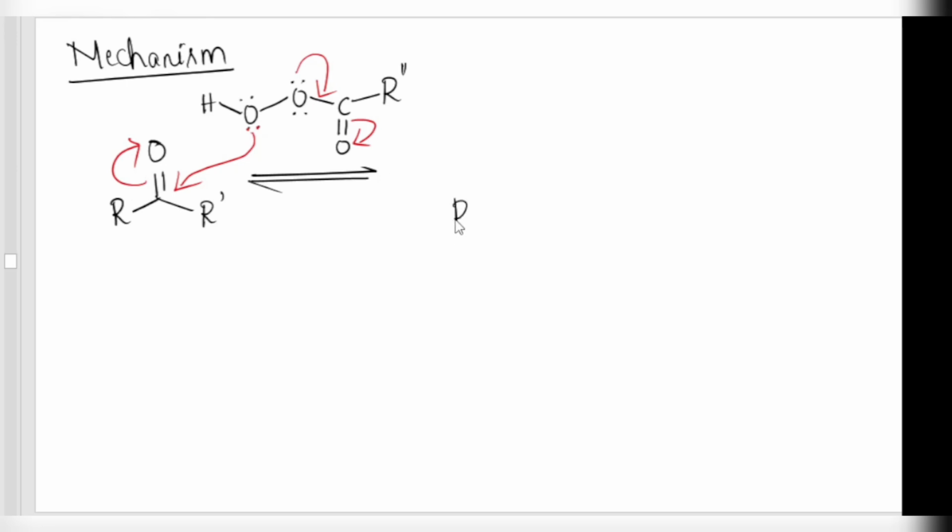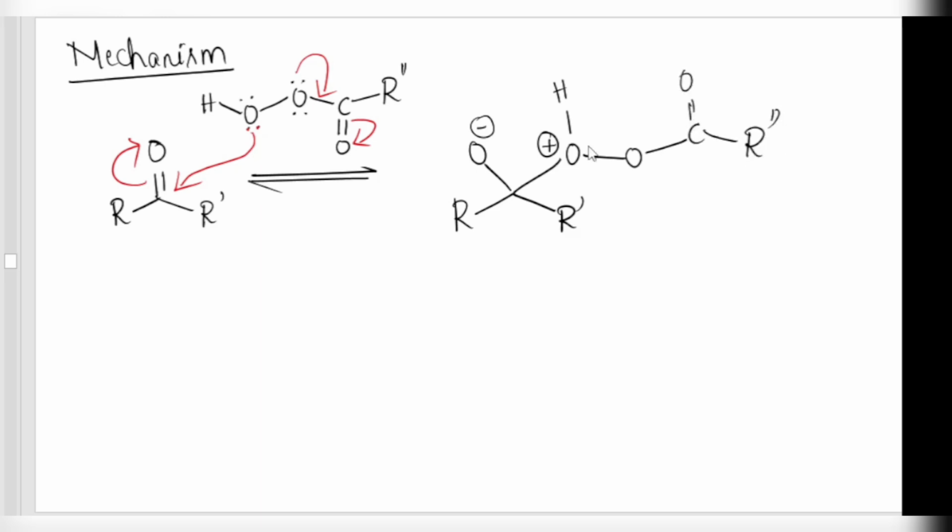Then we will get R as it is, and here R prime, here O minus, and then oxygen and one hydrogen. Since it donates a pair of electrons, it has to get a positive charge, and over here the oxygen and carbonyl group are there as they are.